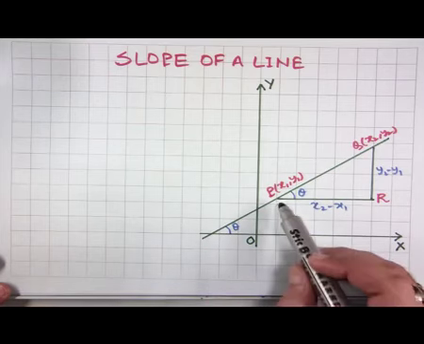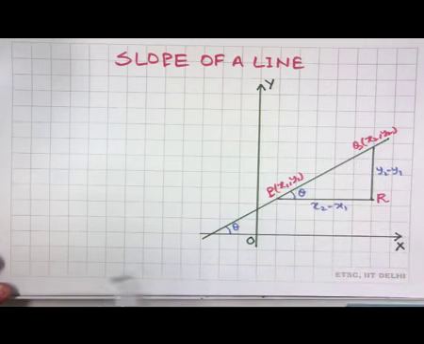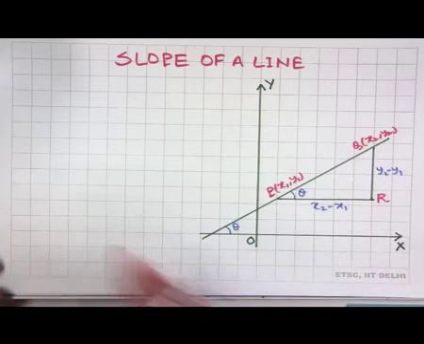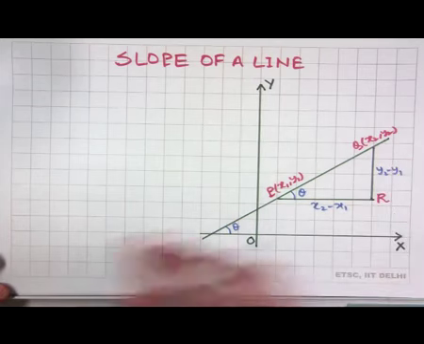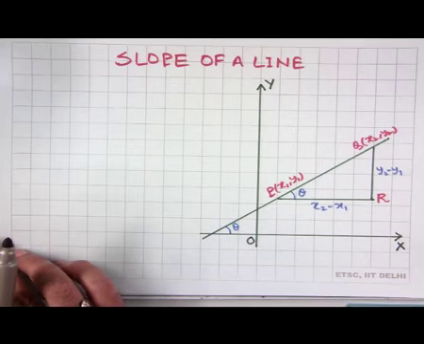And say 2 points P (x1, y1) and Q (x2, y2) are on the line. Now we complete a right angle triangle PQR.